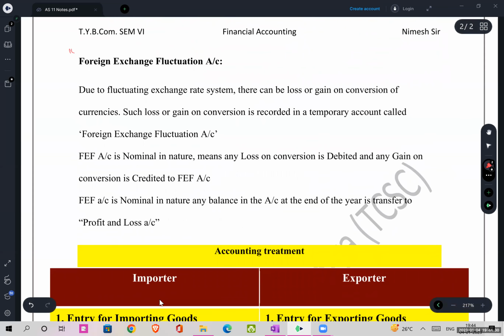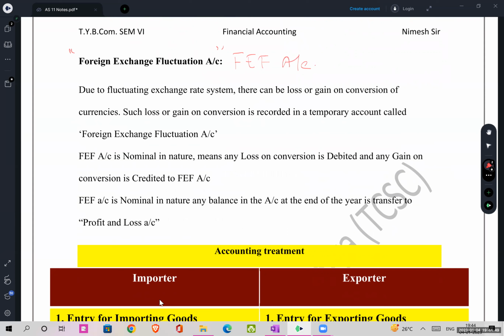Now what comes into the picture as per AS-11 is the Foreign Exchange Fluctuation account, which is called the FEF account. This account is opened only to record your losses or gains in terms of conversion of your currency.